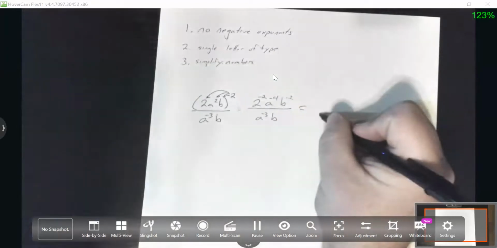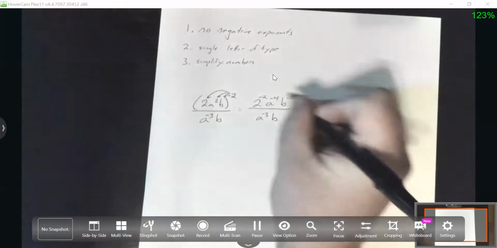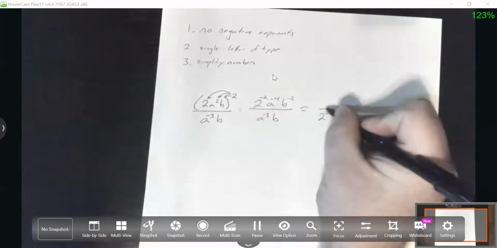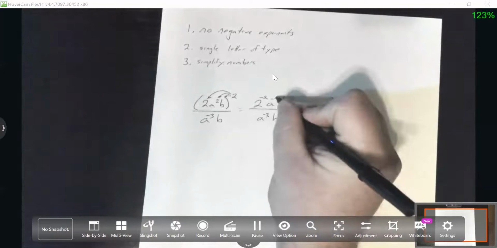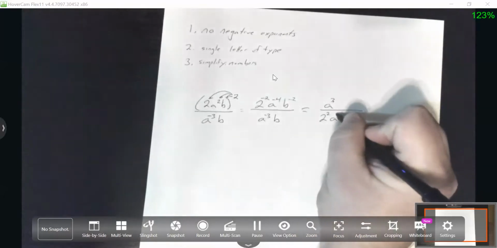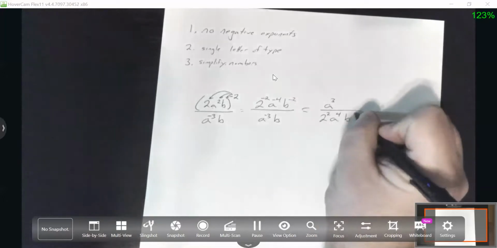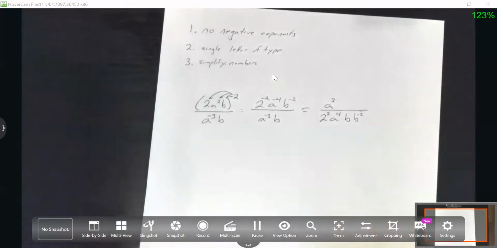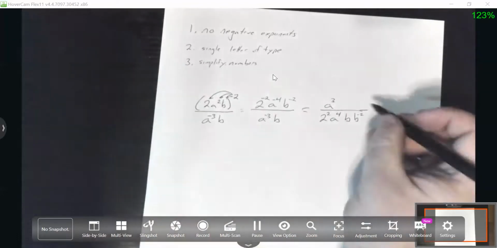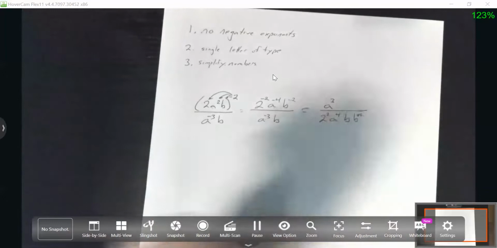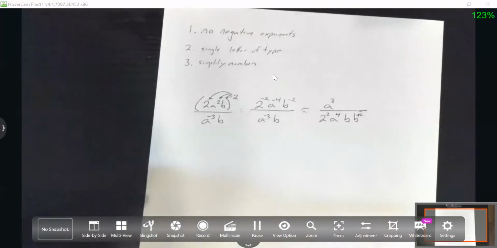The 2 would move down to the bottom as a 2 squared. This a to the negative 3 would move up top as an a cubed. This a to the minus 4 would move down. This b down here would stay. This b to the minus 2 would come down. Oops, there's a positive too. So all I've done is move them all to get rid of negatives.